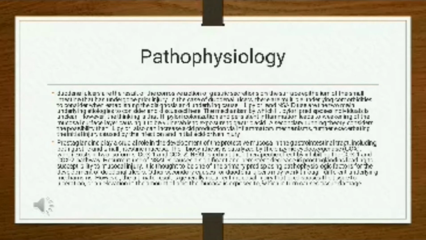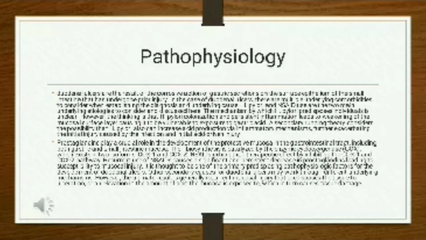Prostaglandins play a crucial role in the development of the protective mucosa in the gastrointestinal tract, including both gastric and small intestine mucosa. Their biosynthesis is catalyzed by the enzyme cyclooxygenase, which exists in two isoforms, COX-1 and COX-2. NSAIDs exert their therapeutic effect by inhibiting the COX-1 and COX-2 pathway.